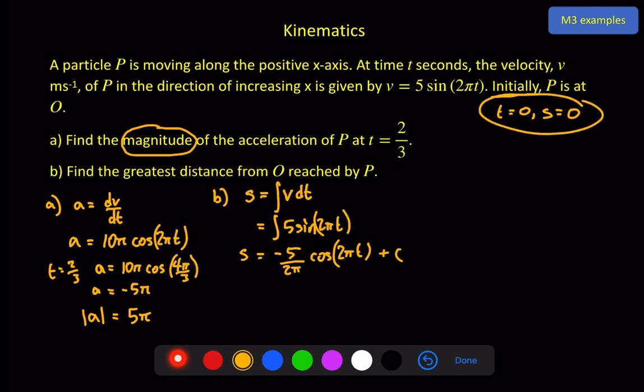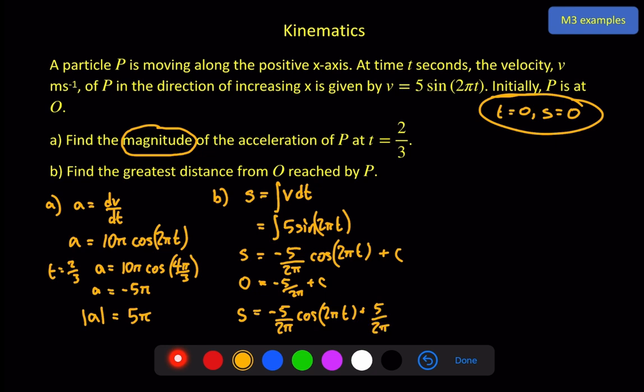Now we have our boundary conditions here. So when s is 0, t is 0, cosine of 0 is a 1, that's minus 5 over 2 pi plus c. So c is 5 over 2 pi. So s is equal to minus 5 over 2 pi cosine 2 pi t plus 5 over 2 pi.